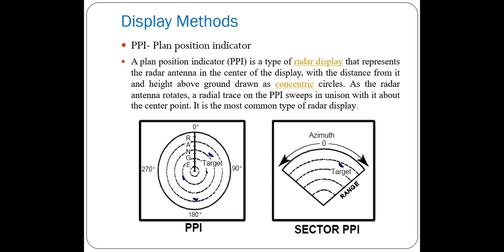There are various types of display methods, that is A scope, B scope, E scope, F scope, then PPI, etc.